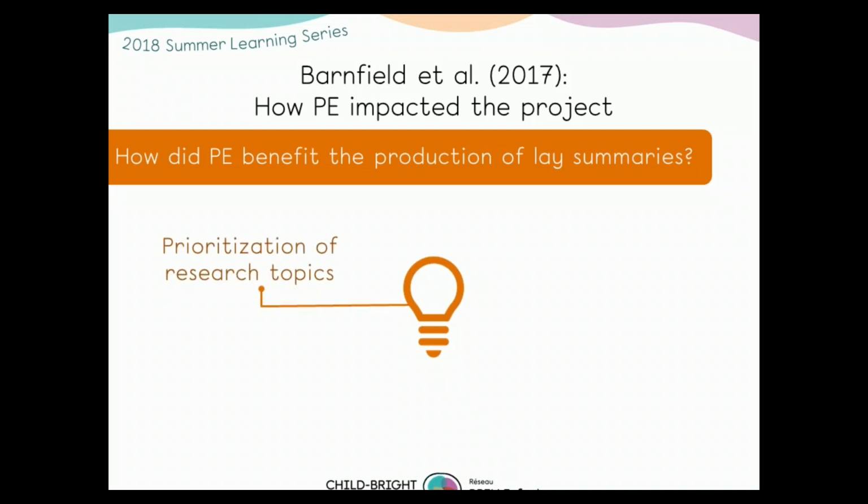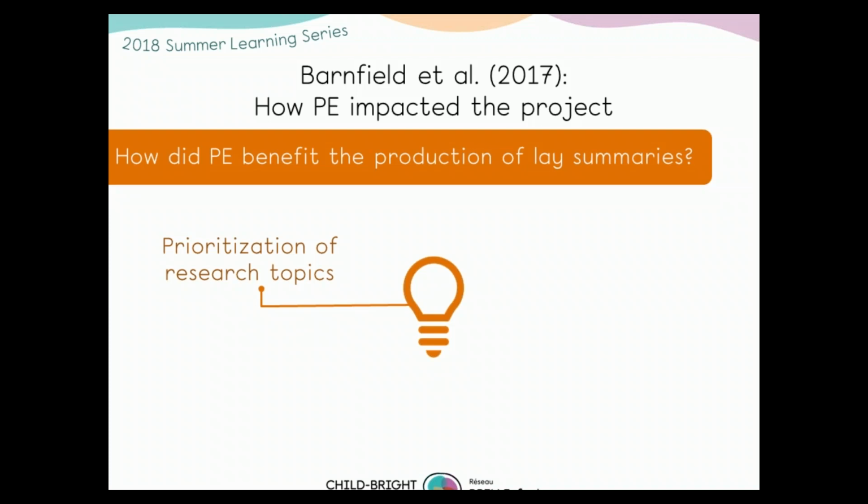Patient partners were able to improve the quality of the lay summaries in the following ways. One, by prioritizing research topics: they reviewed the references or the literature that the project had produced, and ultimately prioritized a select number.